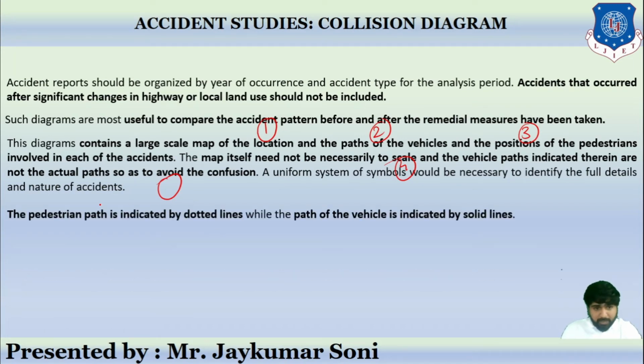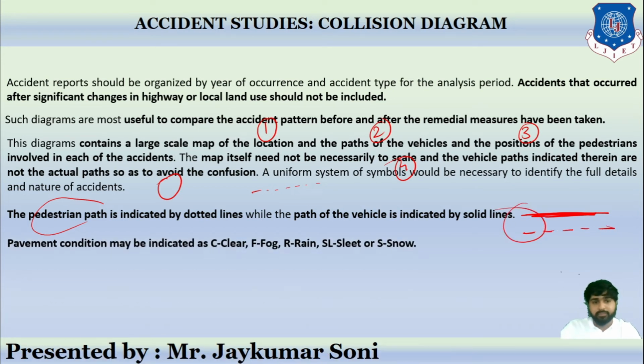Now the pedestrian path is indicated by dotted lines like this. I will show this. The path of a vehicle is indicated by solid lines. This is vehicle and this is pedestrian, so that there is no confusion between both of these things.